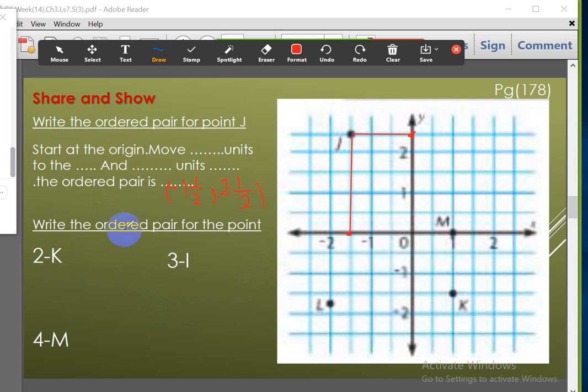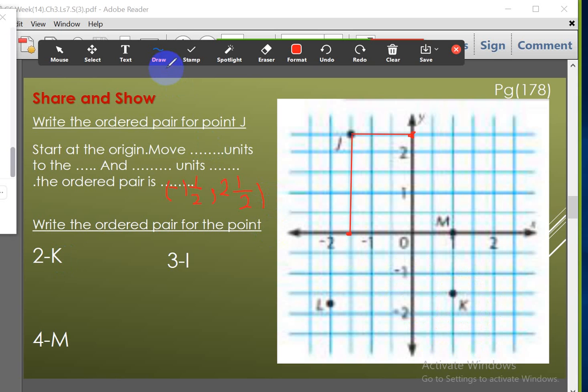Now write the ordered pair for the point. Look, I have K, L, M. 3 points. I want to find the ordered pair, the coordinate for each one. So let's start with K. K is right here. This is point K. Can you see it?